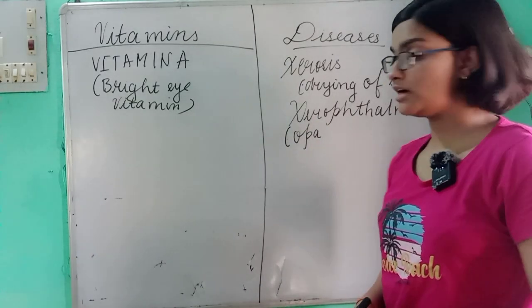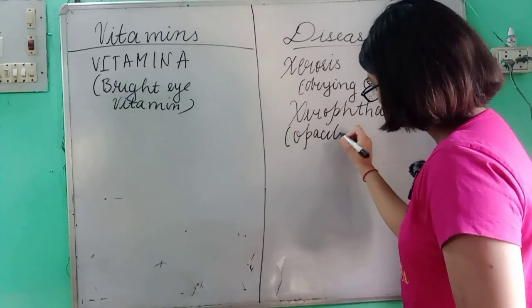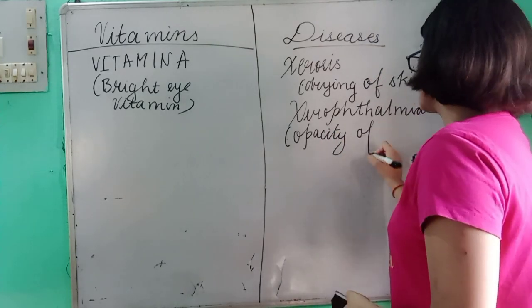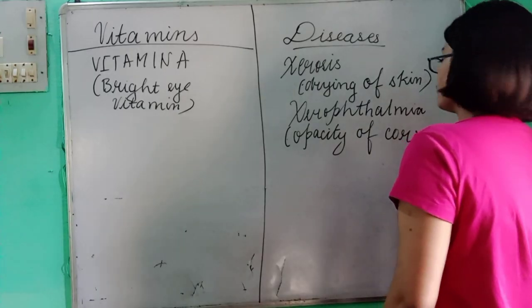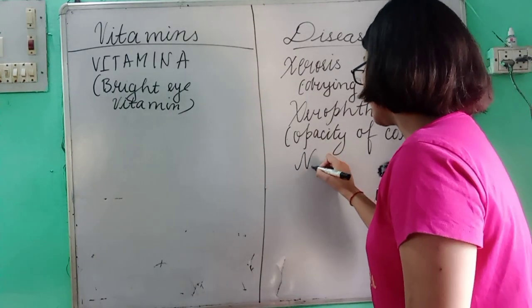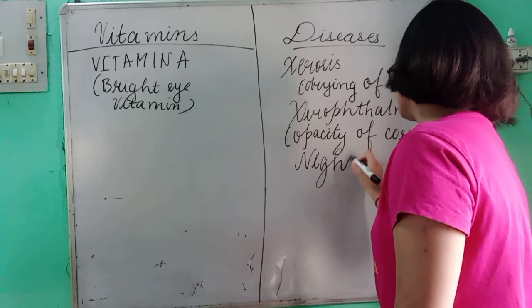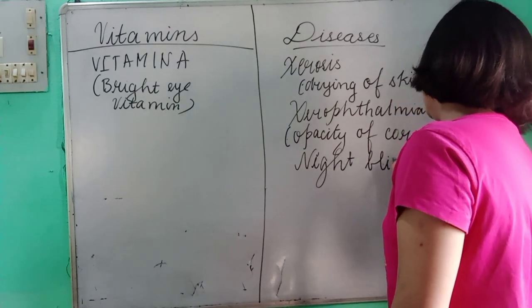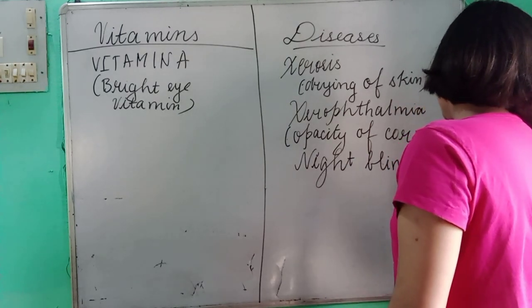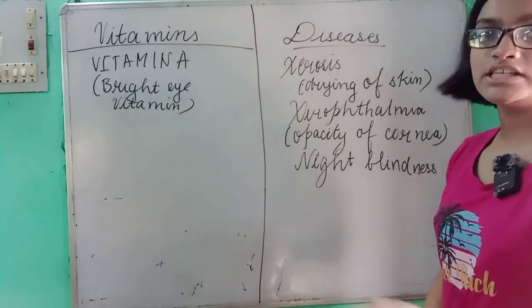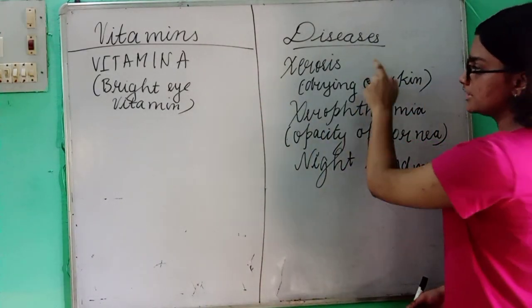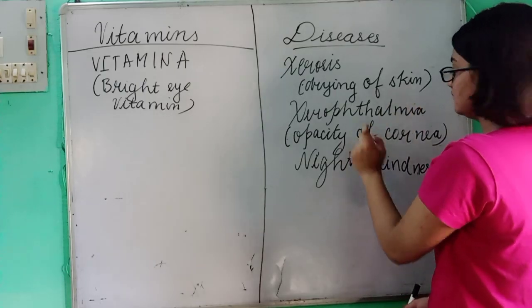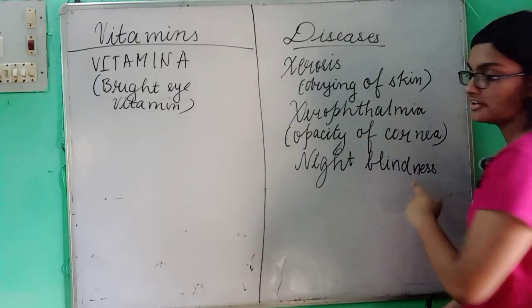That is, our cornea becomes opaque in nature. And third one we have night blindness. So this was vitamin A, bright eye vitamin, and diseases caused by it are xerosis, drying of skin, xerophthalmia, opacity of cornea, and night blindness.